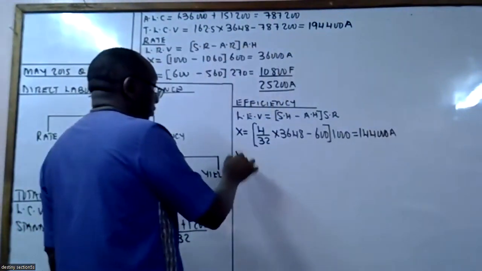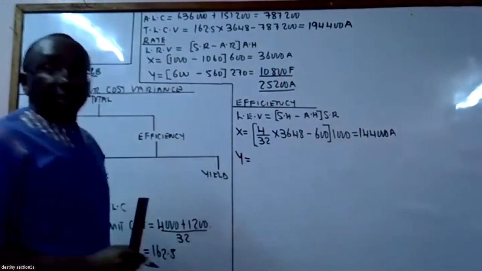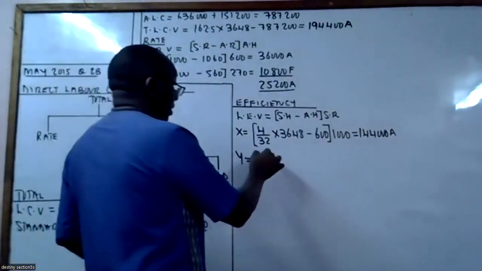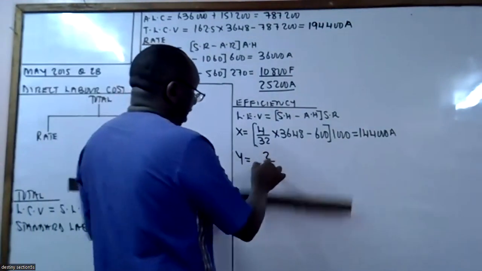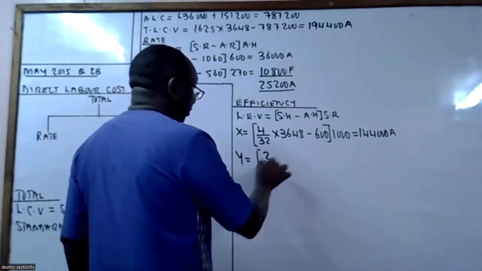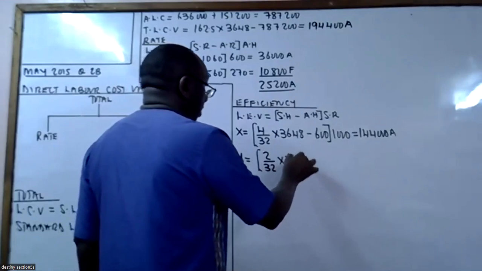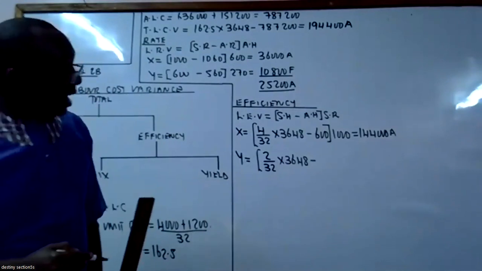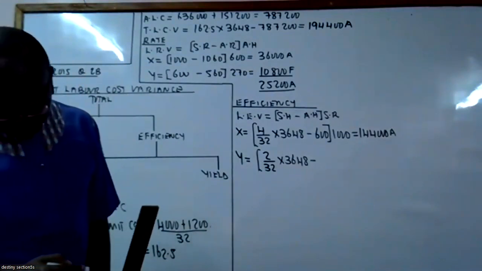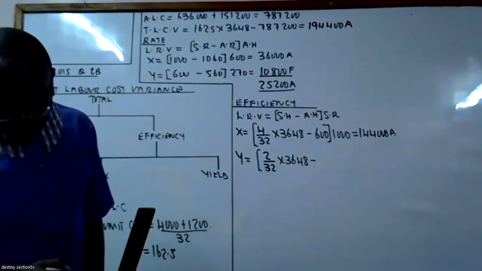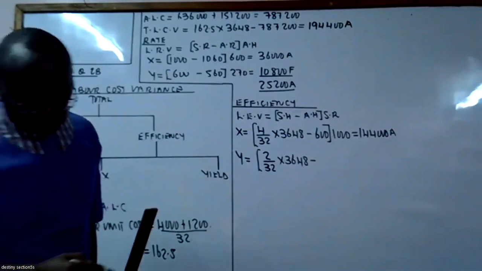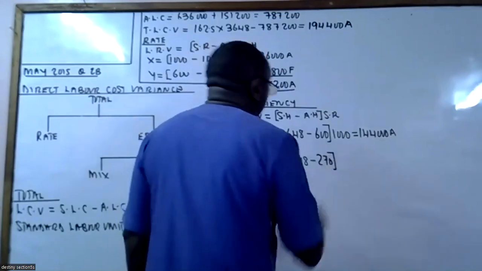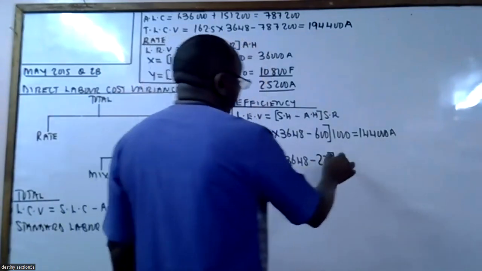Let's go to Department Y. Department Y was supposed to take 2 hours, and these were supposed to be enough to make that 2 units. So multiply by 3648, you minus the actual hours, which were 270, at a standard rate of 600.